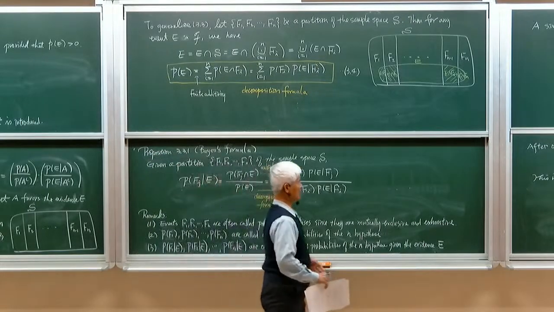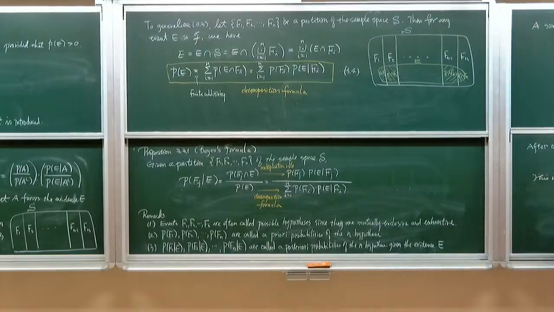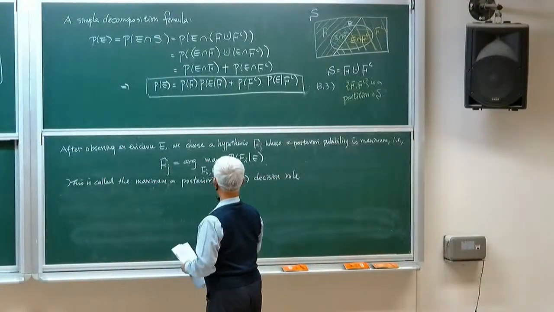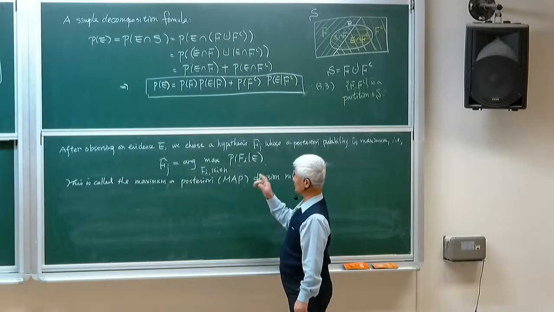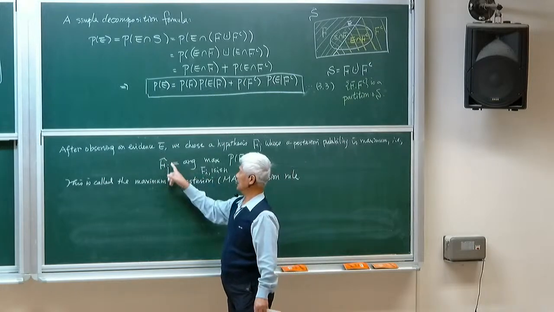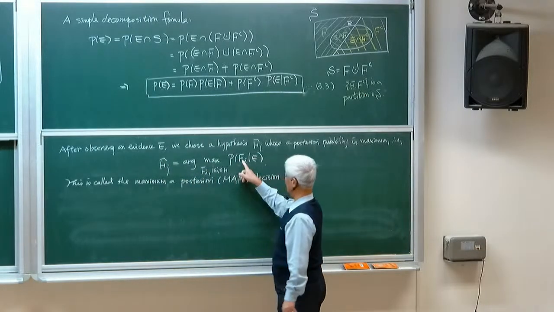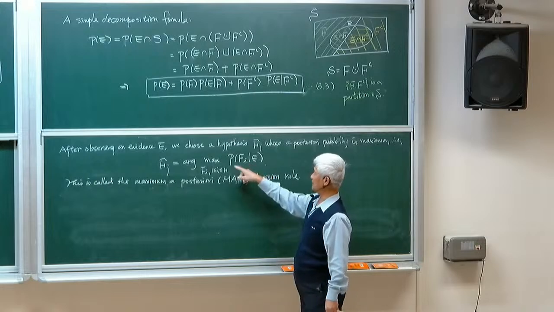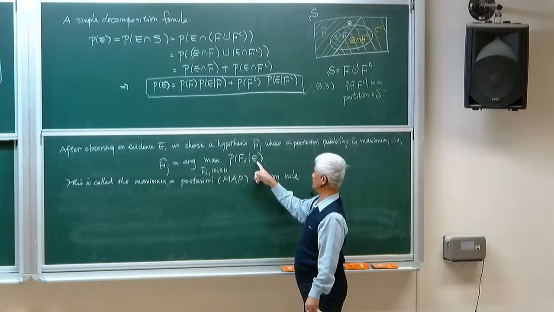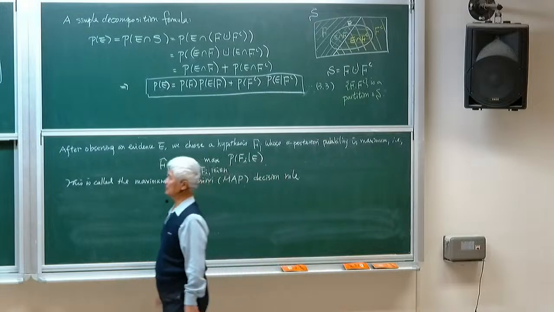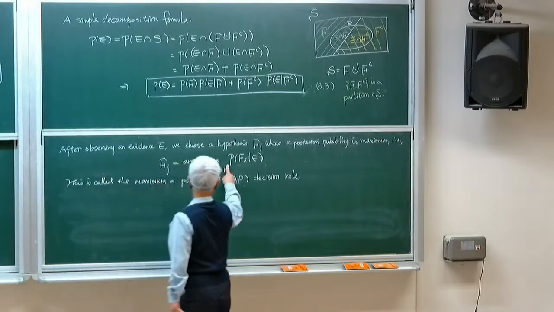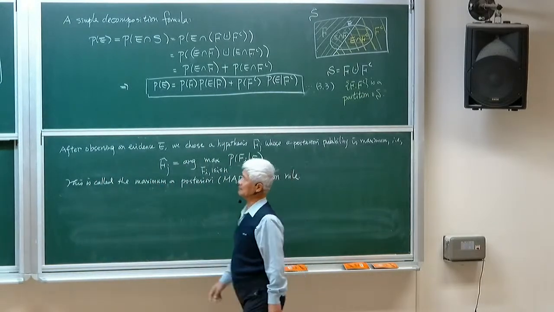Based on the maximum a posteriori decision rule, people will decide that the transmitted signal is Fj if the a posteriori probability of Fj given the received signal E is the maximum among all possible a posteriori probabilities.